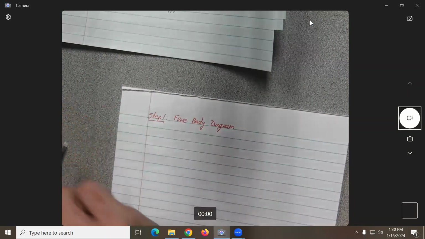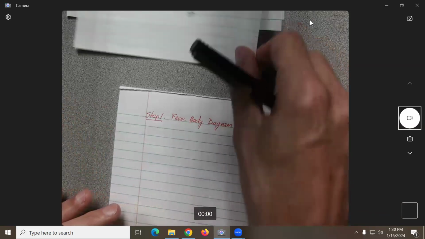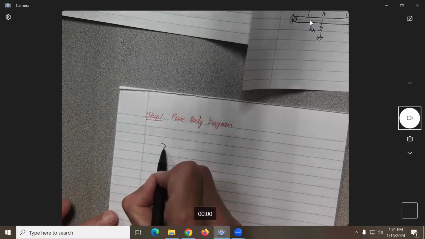So what do we need to do? This time we need to find the equivalent at point A. What do we need to add at point A if it's not there? If you look at it, what did I put in blue? What do we need to add at point A?